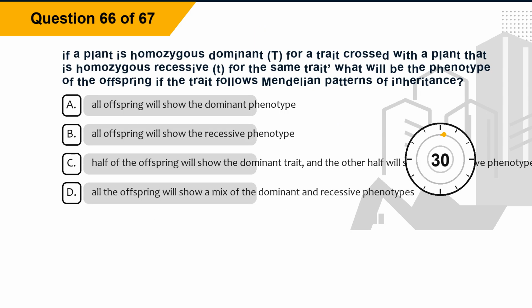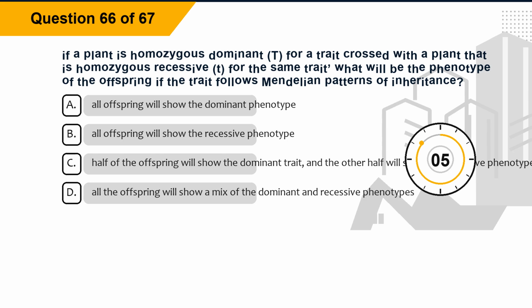Question 66. If a plant is homozygous dominant, TT, for a trait crossed with a plant that is homozygous recessive, tt, for the same trait, what will be the phenotype of the offspring if the trait follows Mendelian patterns of inheritance? Option A, all offspring will show the dominant phenotype. Option B, all offspring will show the recessive phenotype. Option C, half of the offspring will show the dominant trait, and the other half will show the recessive phenotype.